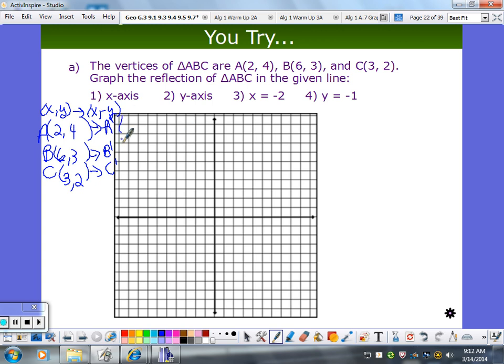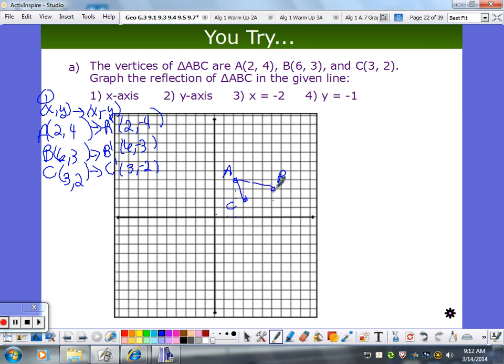So, what's that going to be? The x stays the same, that becomes negative. X stays the same, that becomes negative. X stays the same, that becomes negative. And then you can go up in the graph. So let me put in (2, 4). I'm having a little trouble seeing what I'm doing here. 1, 2, 3, 1, 2. I hope that's right.